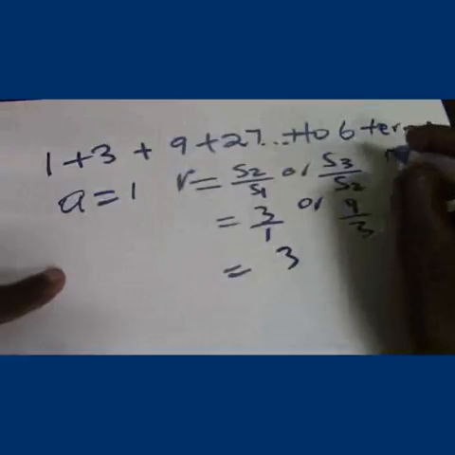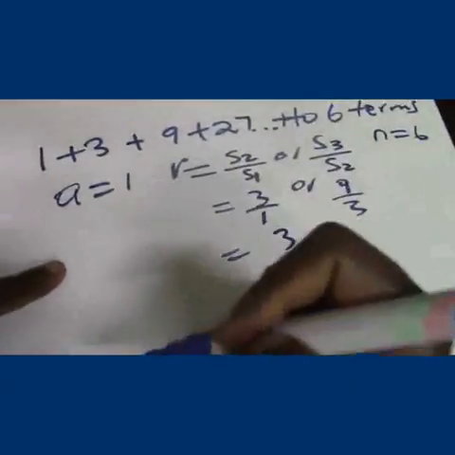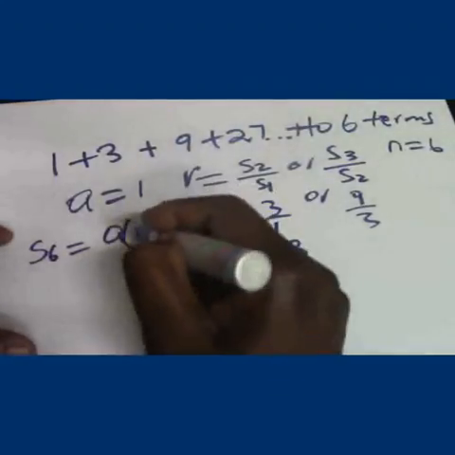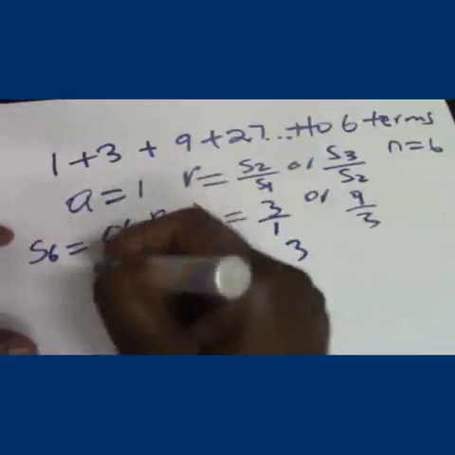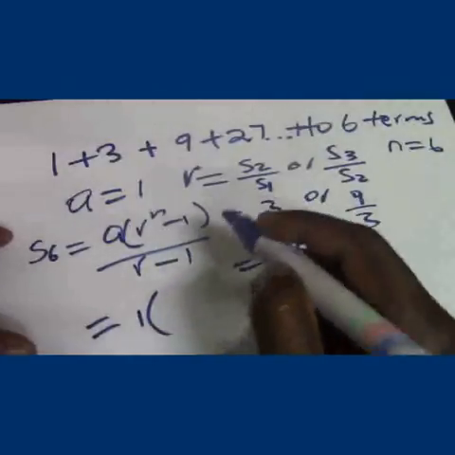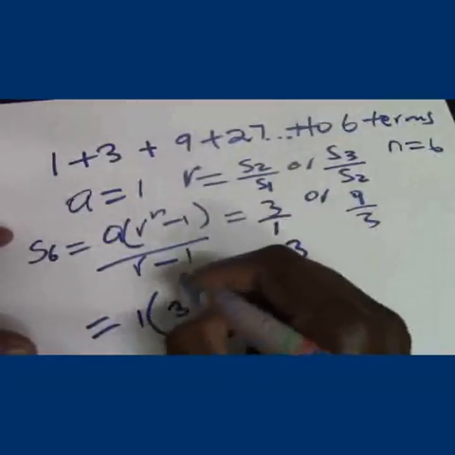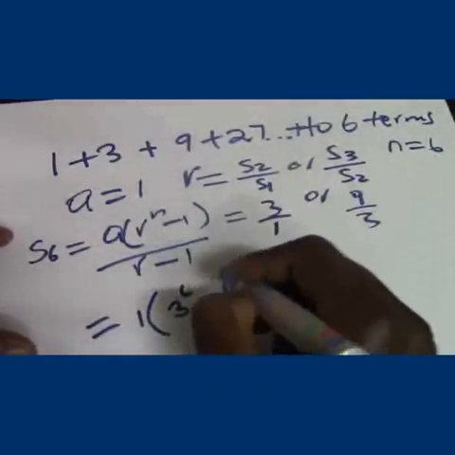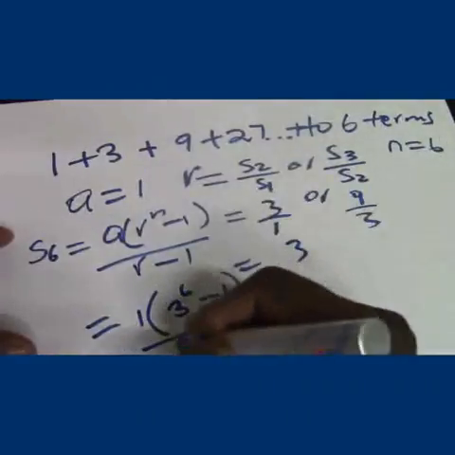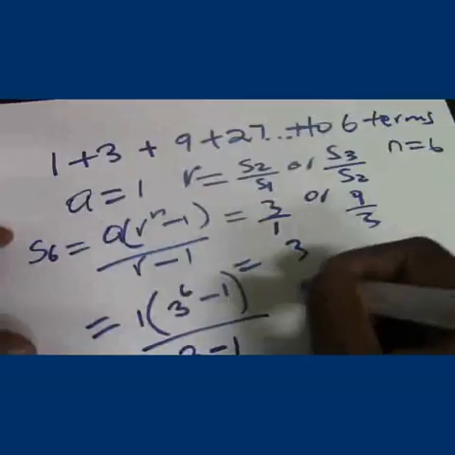Then our n is equal to 6. And our formula is S6 is equal to a(r^n minus 1) over r minus 1. Our a is 1, our r is 3, our n is 6, minus 1 over 3 minus 1. Let's press the calculator.